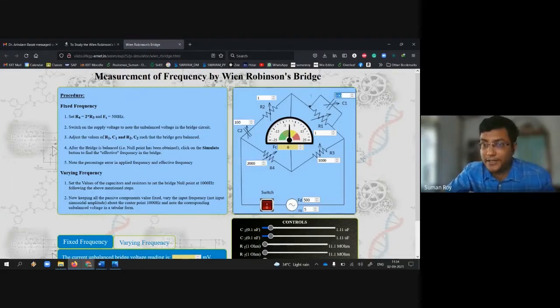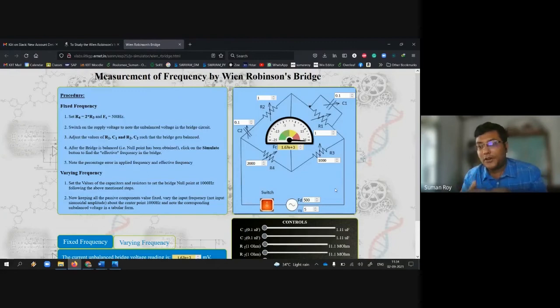My suggestion is to start from the basic. Keep C1 equal to 0.1, which is the lowest value of the variable capacitance, and C2 the same. Why are we taking C1 and C2 the same? Because we have taken R1 equal to R2 and C1 equal to C2, so that we will get f equal to 1 by 2 pi RC. Now after setting all these things, fix the frequency, set the frequency as 500 and switch it on.